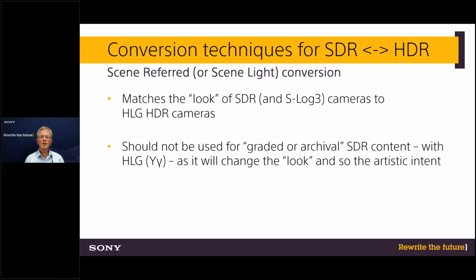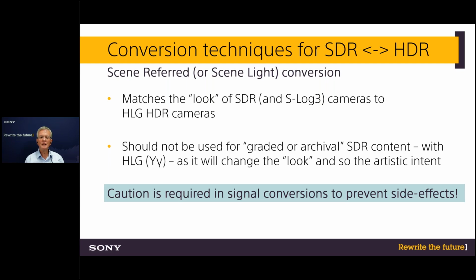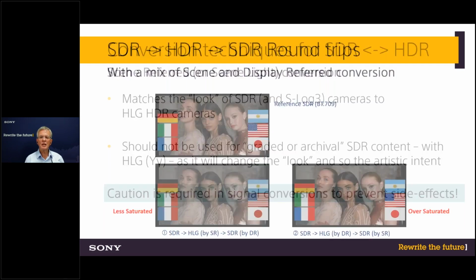Scene referred conversion should not be used for graded or archived SDR content with HLG natural, i.e. gamma on luminance, as it will change the look and the artistic intent. And as you can see in this caption here, caution is required when converting to avoid unwanted side effects, as we will see on the next slide.